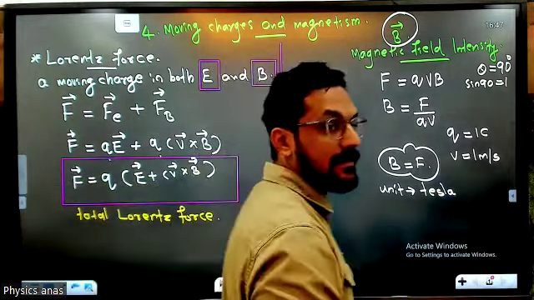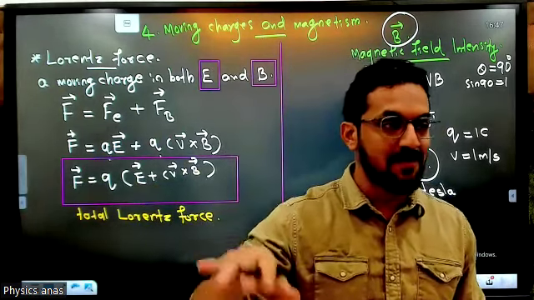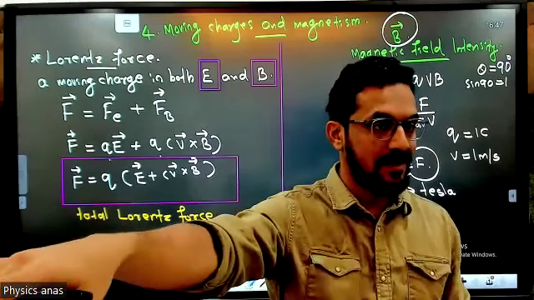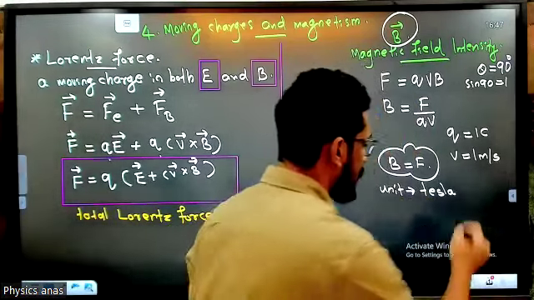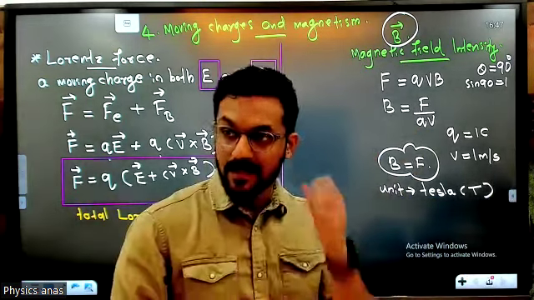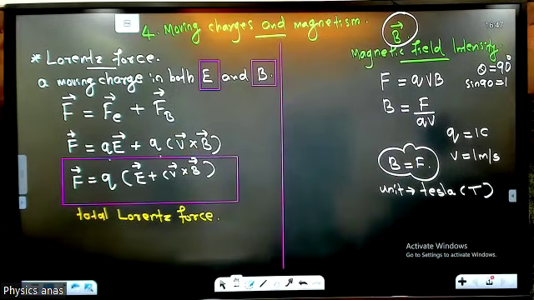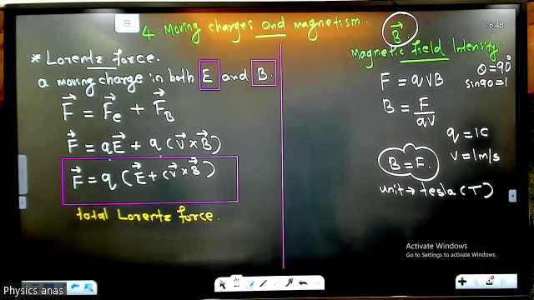And Tesla is someone's name, derived from the name of a scientist, Nikola Tesla. You should give capital T as the symbol.